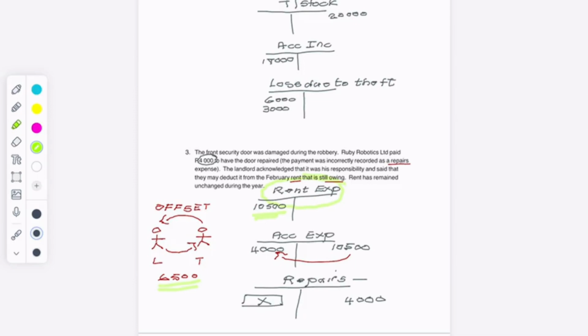And this comes up quite frequently in exams where they say that the director's fees are still owing, but he's taken trading stock or something to that effect. So remember that your expense does not change. What does change is the amount that gets paid due to the offset of part of the debt.